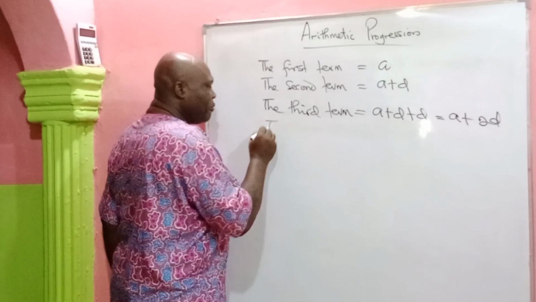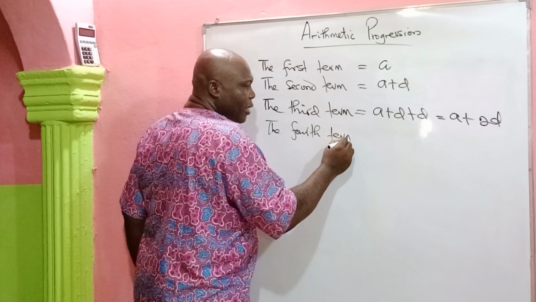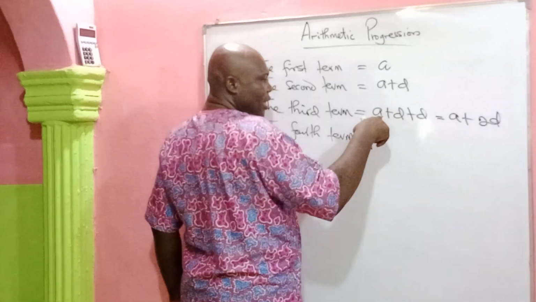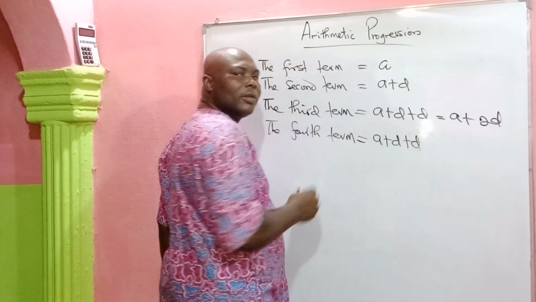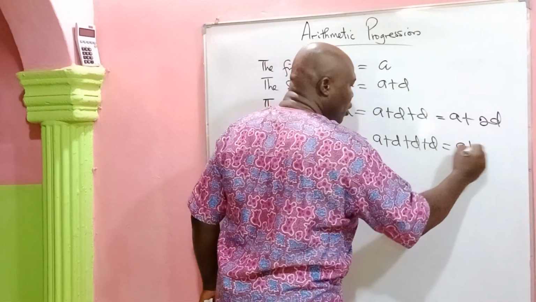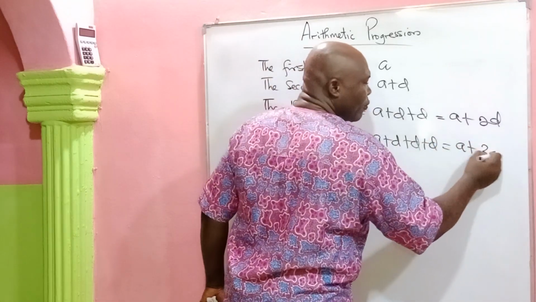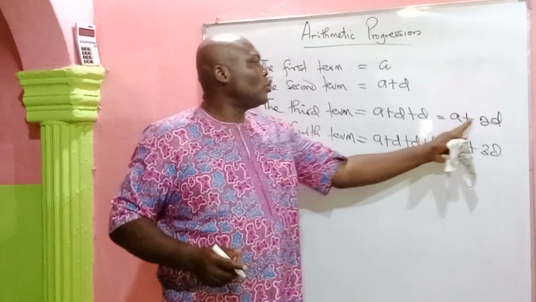Watch the next one, the fourth term. The fourth term of the AP series is for you to take the third term, which is A plus 2D, and then add another common difference. So you are going to have A plus how many D? 3D. Notice that as we got the third term, it was 2D.